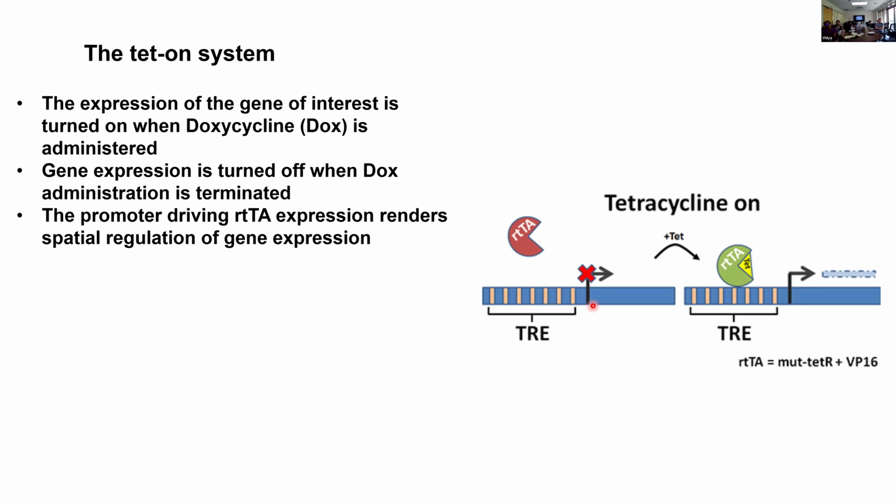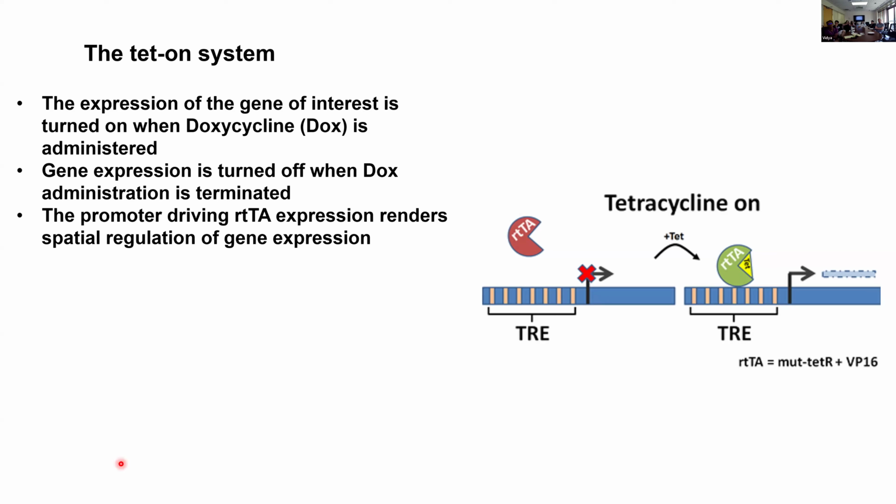It's constantly off until you feed the animal doxycycline. When that happens, the doxycycline binds to rtTA, this compound then binds to TRE, and that turns on gene expression. That's why it's called TET on. Only when you give TET or doxycycline do you turn on gene expression.